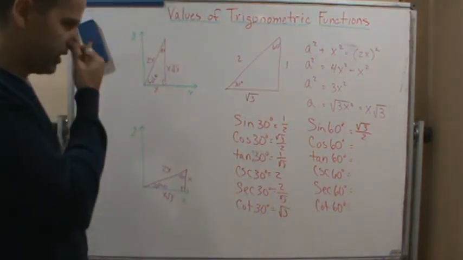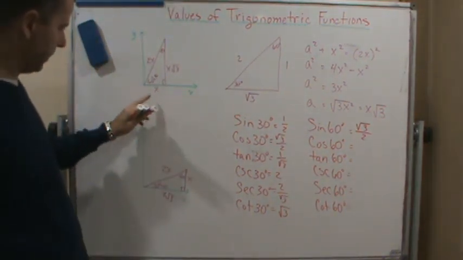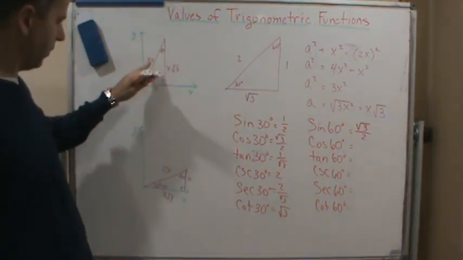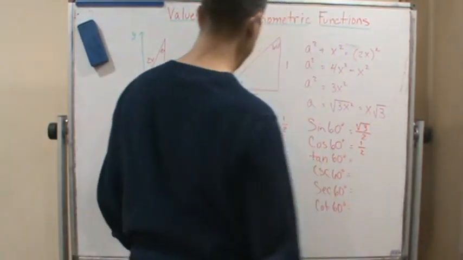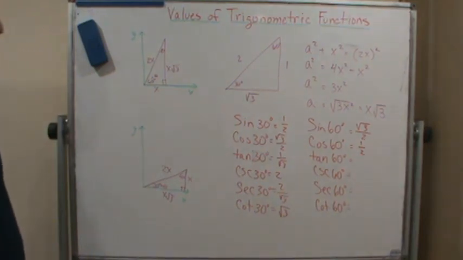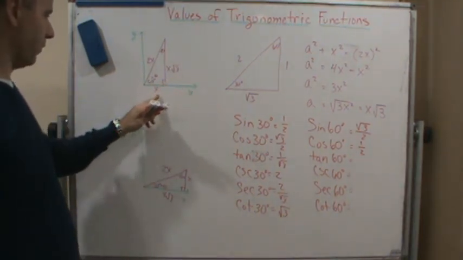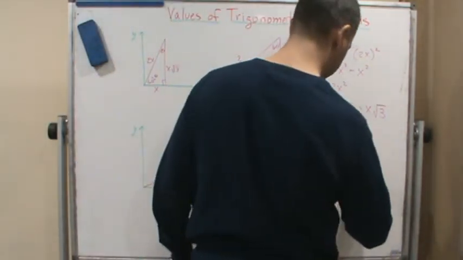The cosine of 60 degrees is adjacent over hypotenuse, which is 1/2. Tangent of 60 degrees is opposite over adjacent, which is square root of 3.